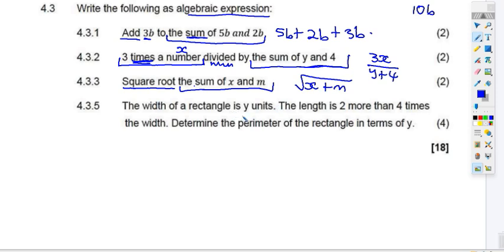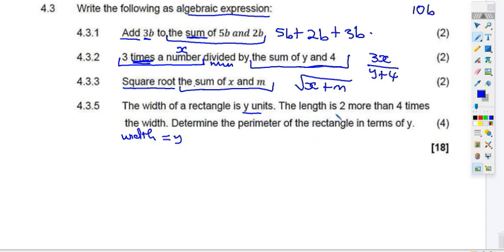And then, oh, this one is more interesting. We even have one sentence, and then a second sentence, and a third sentence. Let's go through it. The width of a rectangle is y. So I'm saying the width here is equal to y.